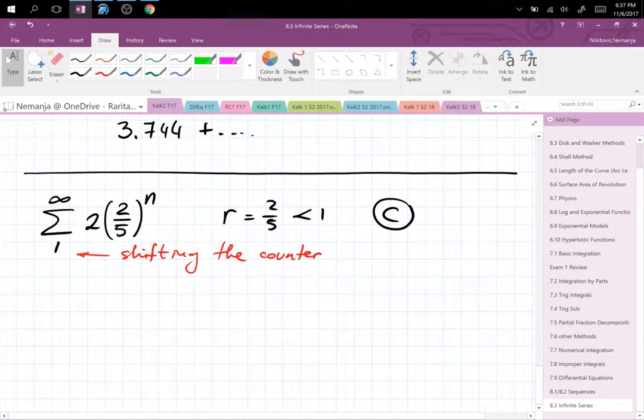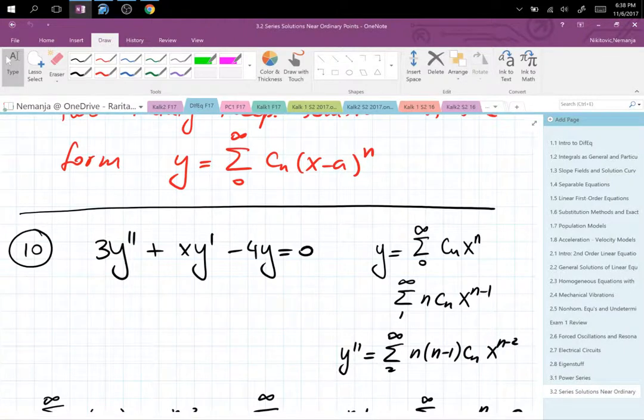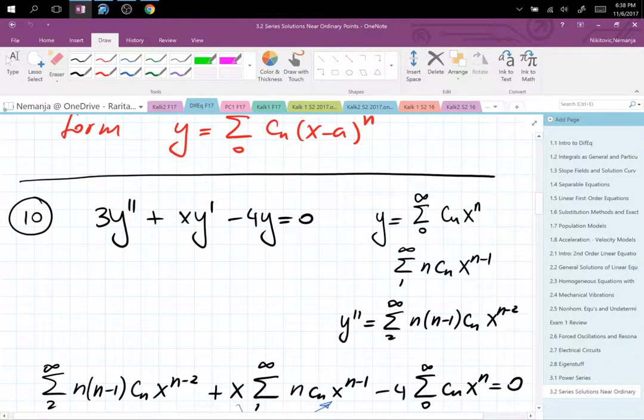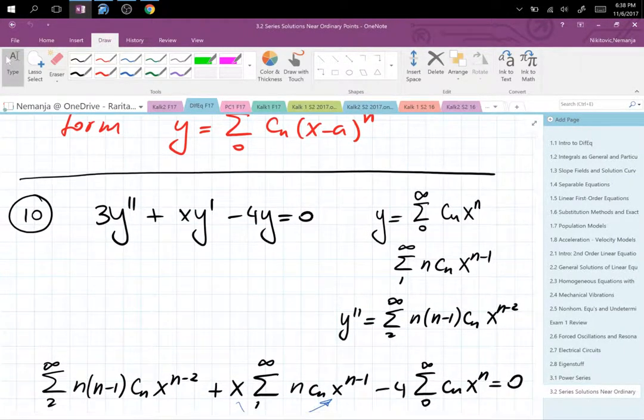All right. So, guys, this is going to be very important because when you differentiate a series, the counter moves by 1. When you differentiate one more time for the second derivative, it moves by 1 again. So when you hit the problems, this is the differential equation, and you see the proposed solution is a series, and here is the first derivative.